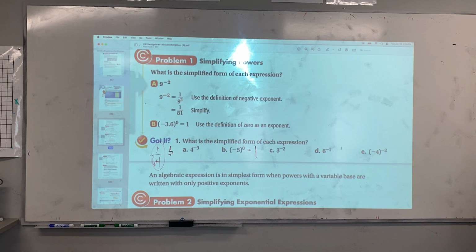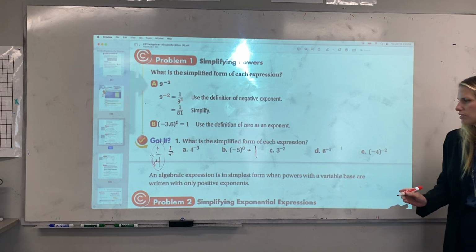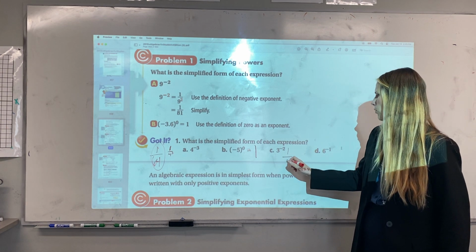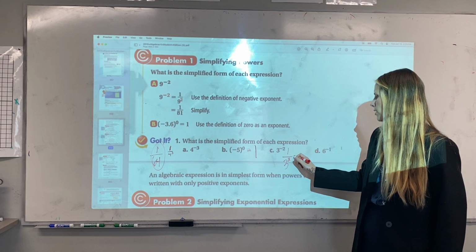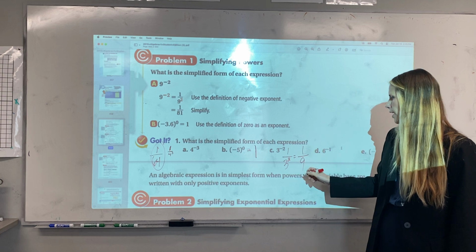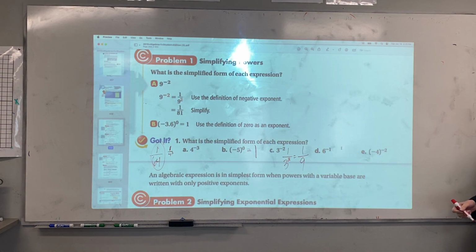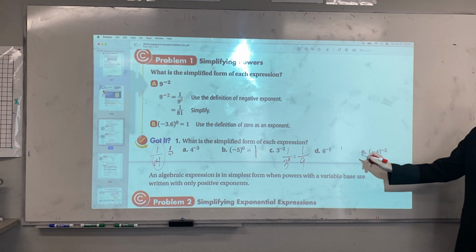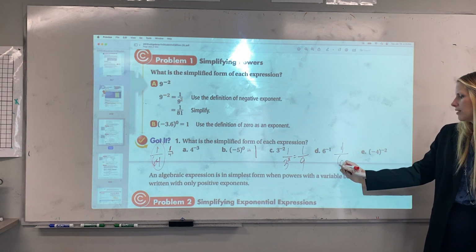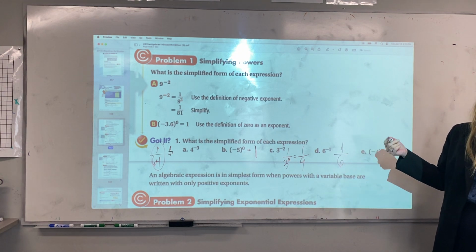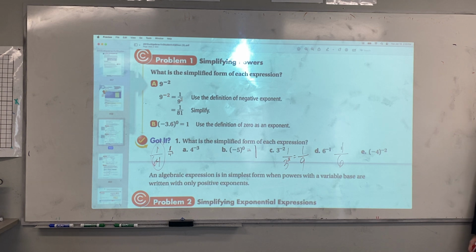Good, but then you just totally abandoned all rules for fractions. I know. 1 over 3 squared equals 1 over 9. Oh wait, I actually might be good at this. Yay! All right, so what's D? Faith? 1 over 6, very good. 1 over 6 to the 1 power, but really it's 1 over 6.